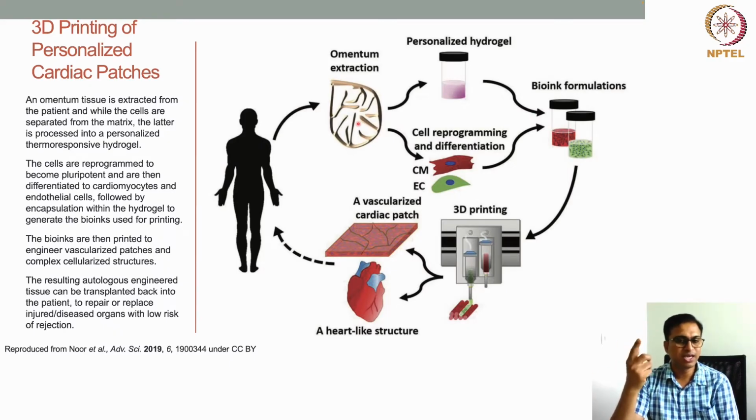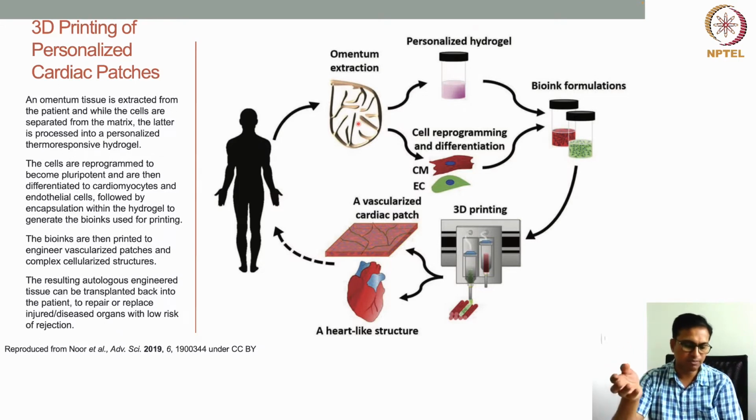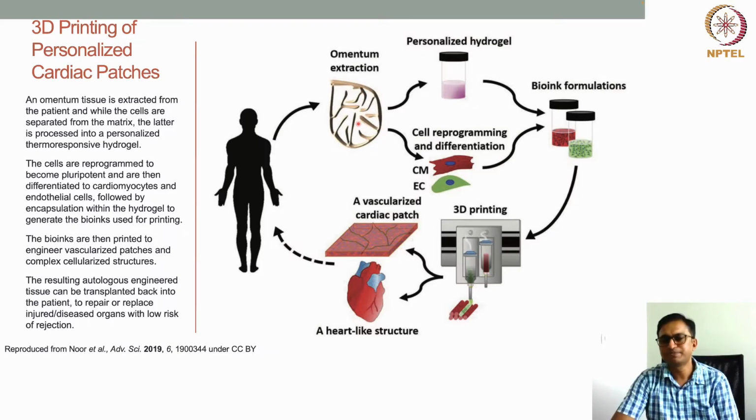The important thing here is that this tissue is composed mostly of collagen and some other material, so the collagen goes into the solution. But if we optimize the pH, for solubilization a lower pH is required, but the pH can be brought back to physiological pH. At that time the hydrogel can form.